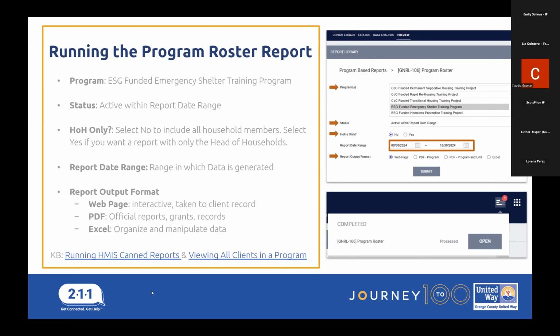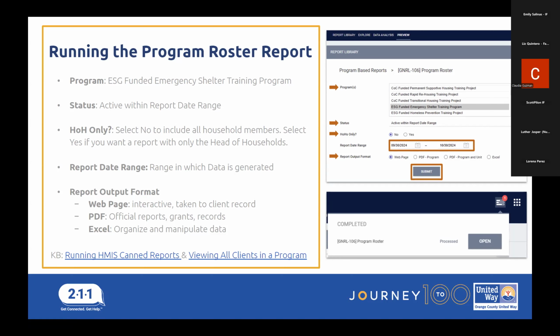A web page is a functional format that allows you to click on errors found in the report and be taken to the client's record containing the error. PDF. The PDF is a good option for official reports, grants, and etc. Excel file. If you download the Excel file, you can use Excel to manipulate and organize the data. For this training, we will select web page and then select submit.